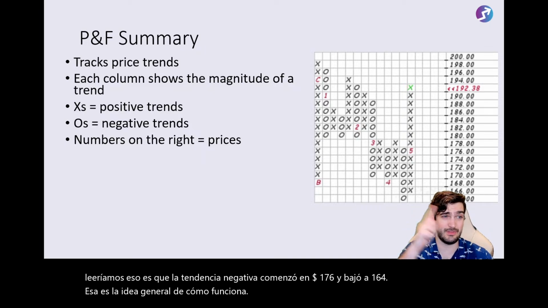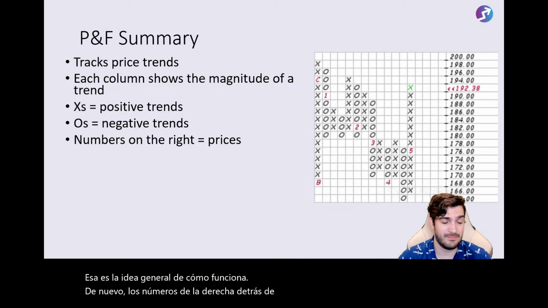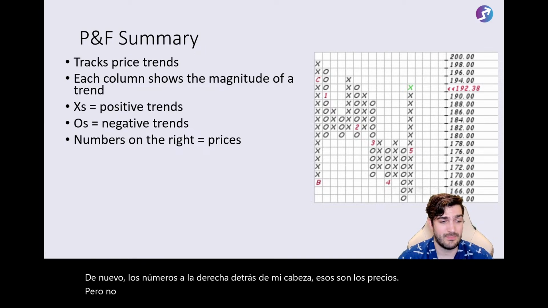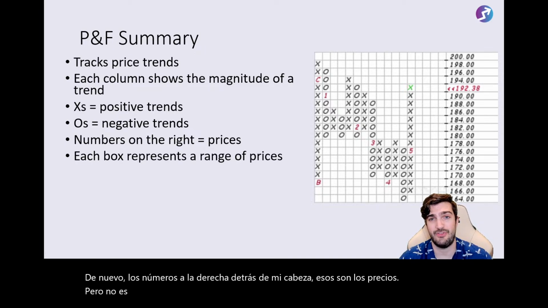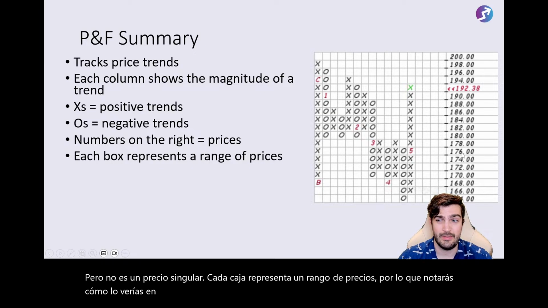Again, the numbers on the right behind my head here, those are prices. But it's not a singular price. Each box represents a range of prices. So you'll notice how, just like you would see on many things like a ruler, it only measures certain increments.